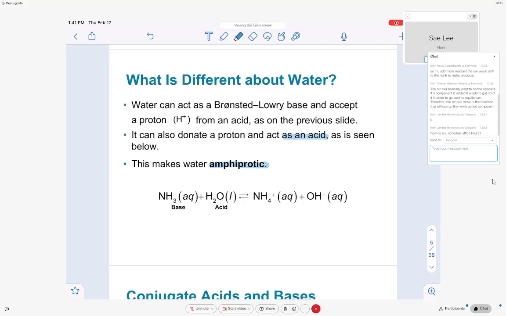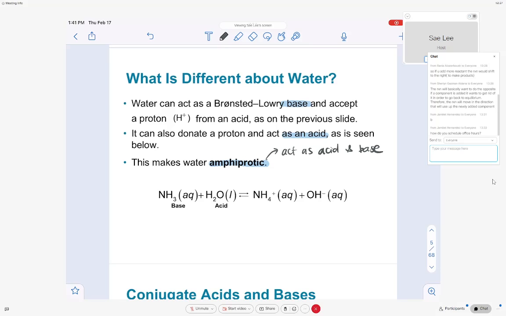Acid and base. Amphiprotic. Okay, so if you look at the example over here, when ammonia is added to water, water donates its proton to ammonia, or ammonia is stealing a proton from water, generating ammonium ion and hydroxide ion.